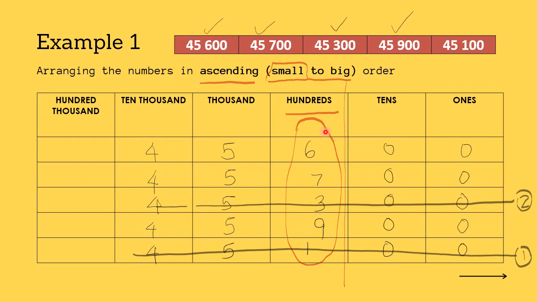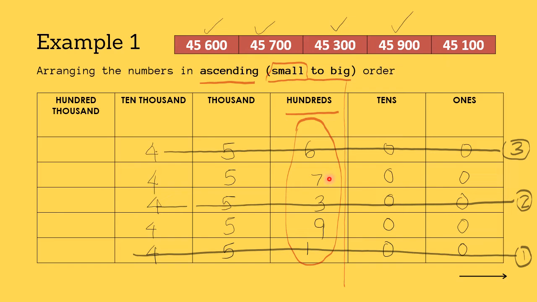Moving on, you're going to compare the numbers that are left in this column. So we have 6, 7, and 9. Which one is the smaller one? The smallest number is 6. So scratch that off from the list. So that's the third smaller number.